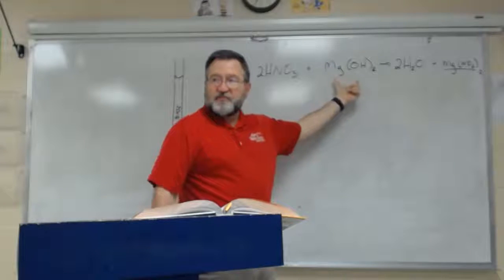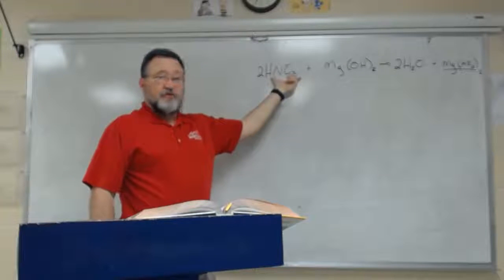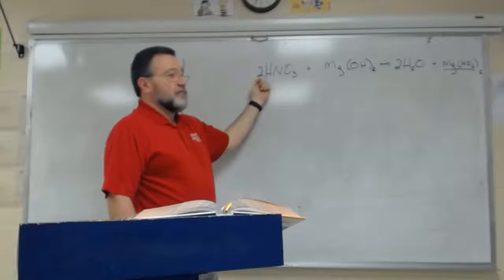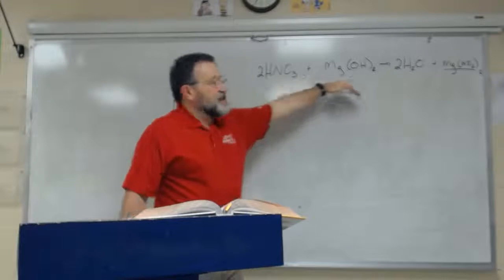Remember this we set at a +2 charge? Each one of these has a -1 charge, and we need 2 of them there, and we have 2 of them. So that's our balanced reaction equation for nitric acid and magnesium hydroxide.